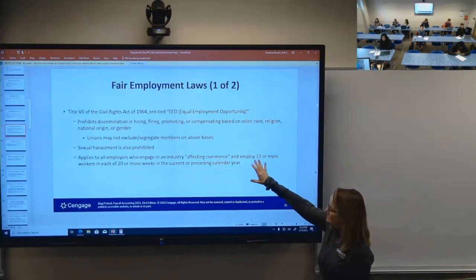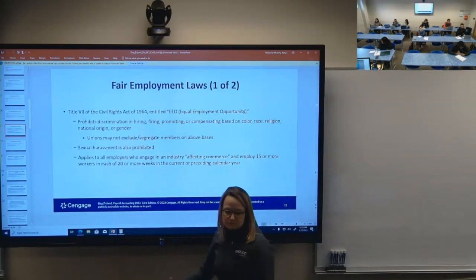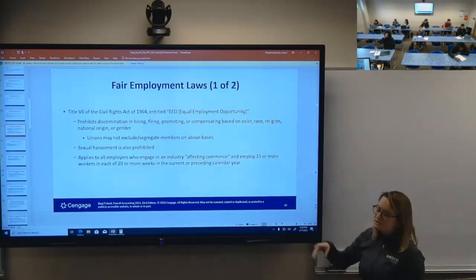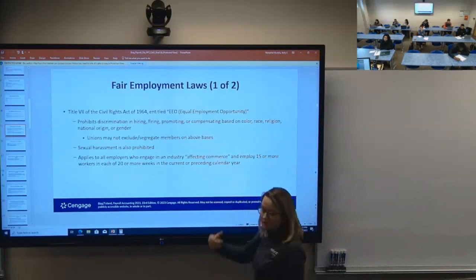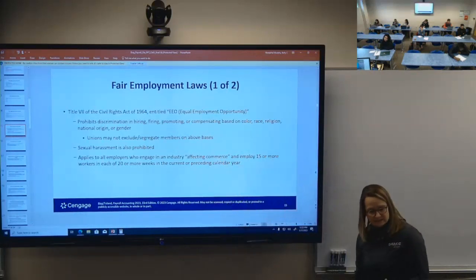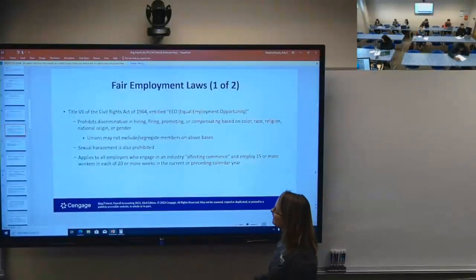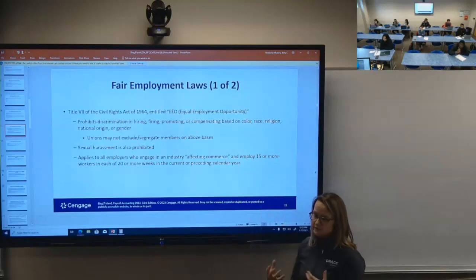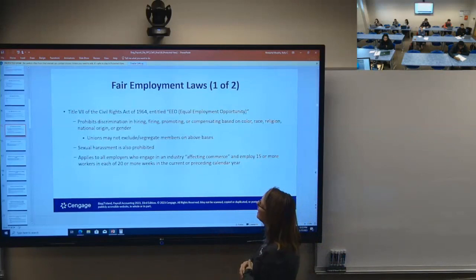five personal aspects. Unions as well are subject to this. So if the company has a union, they also may not segregate members based upon these factors. Now, again, it's for hiring, firing, promoting, or compensating. So you can't pay somebody differently because of their race or religion or gender, as long as it's the same position and presumably the same skills are required and the same educational background, all things being equal.